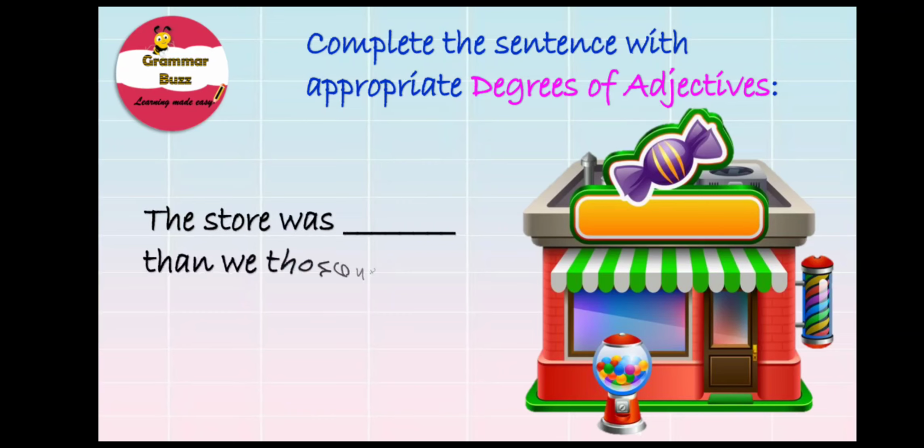Here comes the next one, and it says, the store was dash than we thought. And the positive degree for you is far. I think we've just done this. And you're quite right. Your correct option is farther. Bravo, well done.